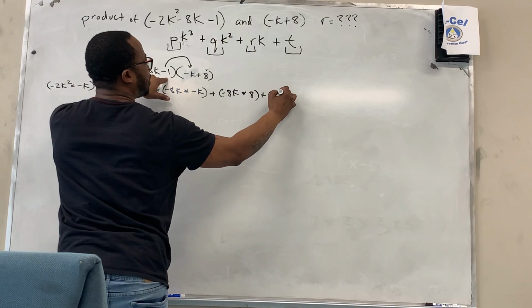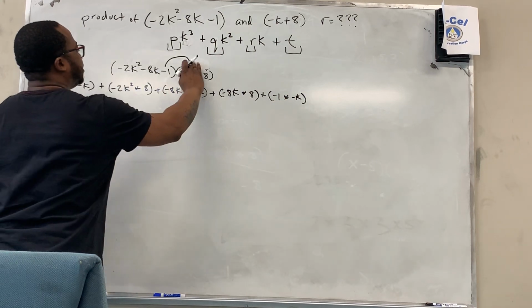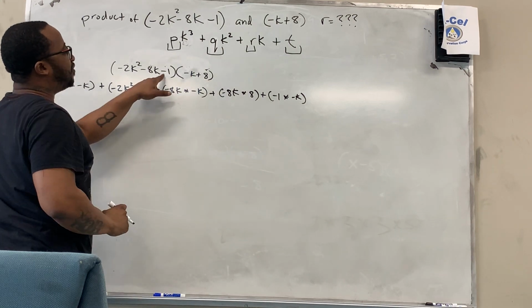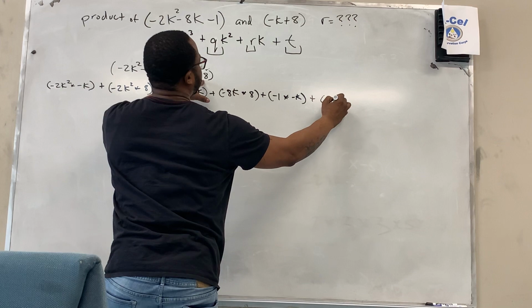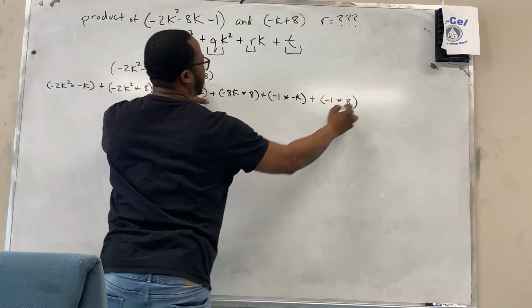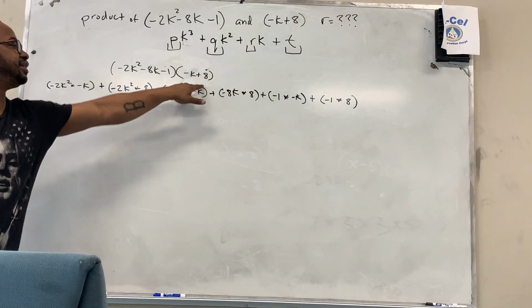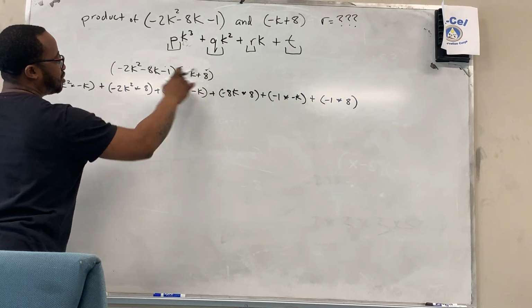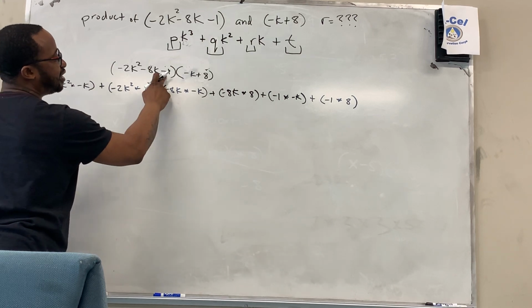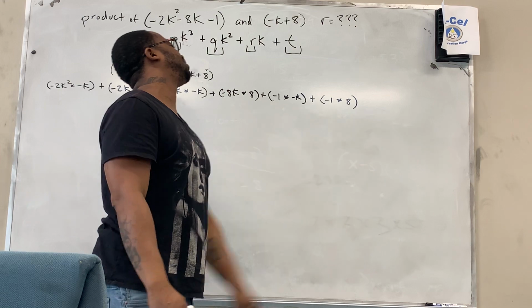And then we're going to have minus 1 times positive 8. Now I have 6 things. These 3 things then touch these each. So this touching 2, that's 2 things. This touching 2, that's 2 more things, that's 4. This touching 2 things makes it 6. 1, 2, 3, 4, 5, 6.